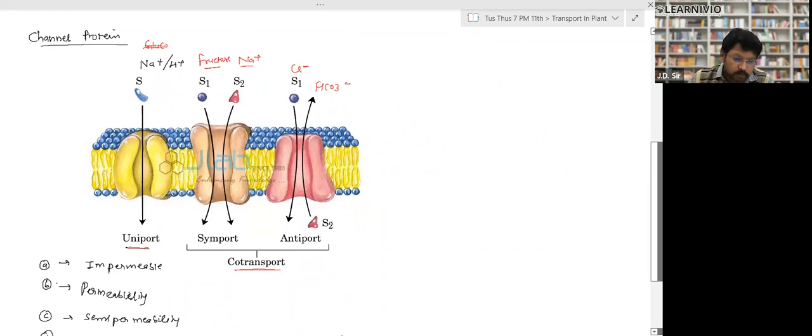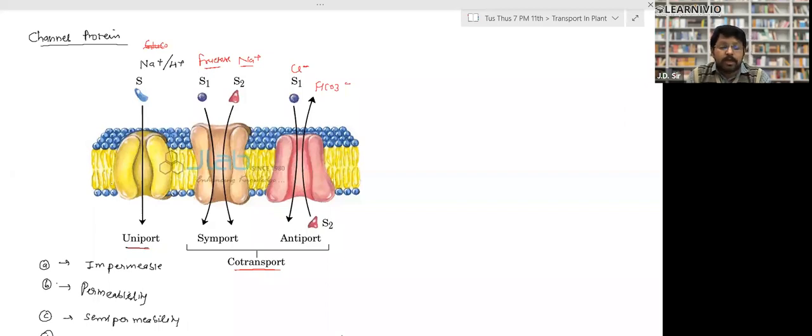Look, these are the types of channel protein. Channel proteins basically transport ions. When any channel protein transports just one substance at one time, either inside or outside, it is called uniport.